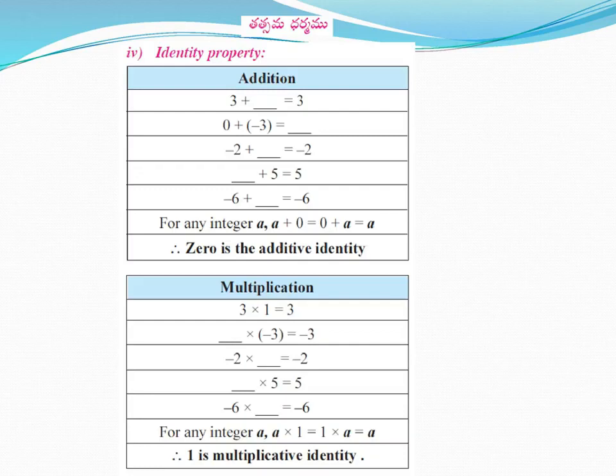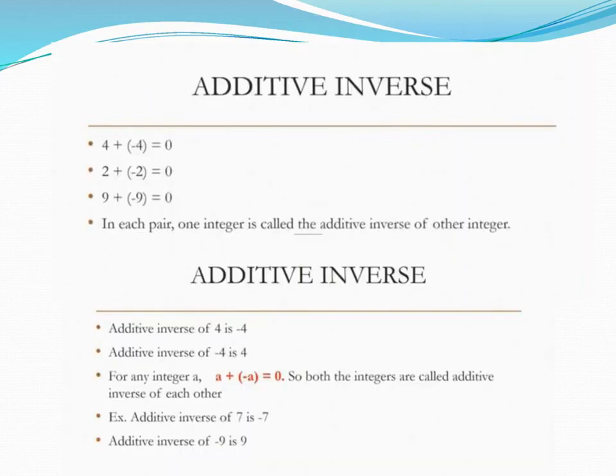Now we will learn additive inverse. Here are some examples. All of you listen carefully. Take 4 and minus 4, an integer with its opposite sign. Take a positive integer 4, then the same integer with the opposite sign is minus 4.